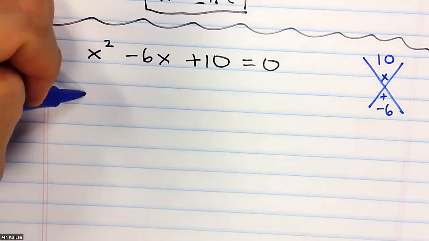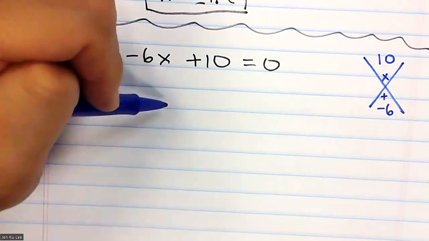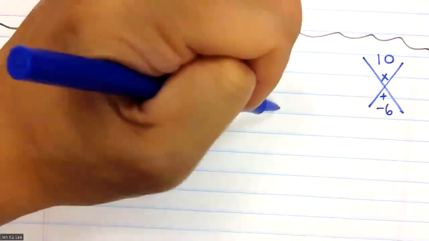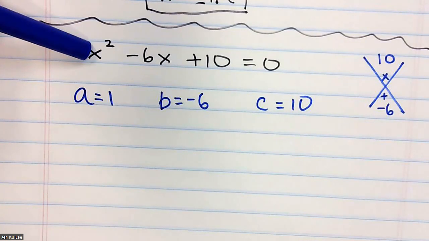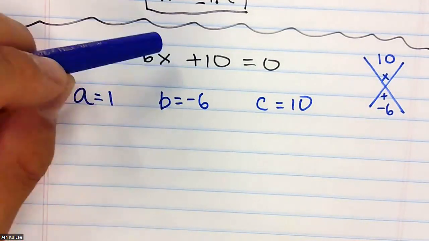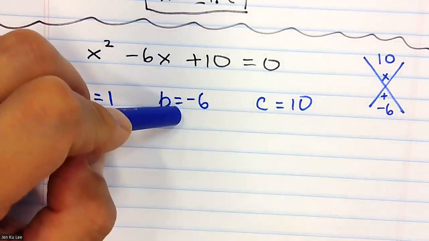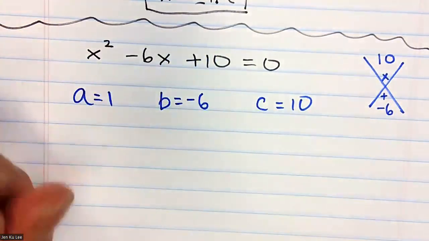Really quick then, a equals 1 in this case, b equals negative 6, and c equals 10. Remember, your a value is always the coefficient of your x squared. The b value is always the coefficient of x, or whatever your variable is. And then your c value is your constant.